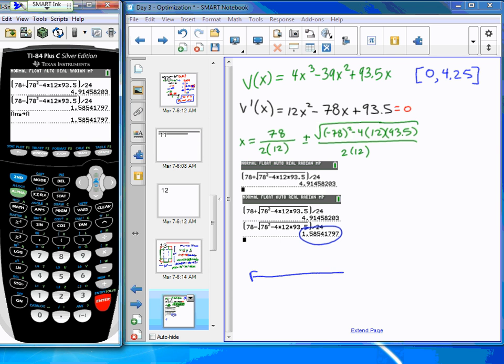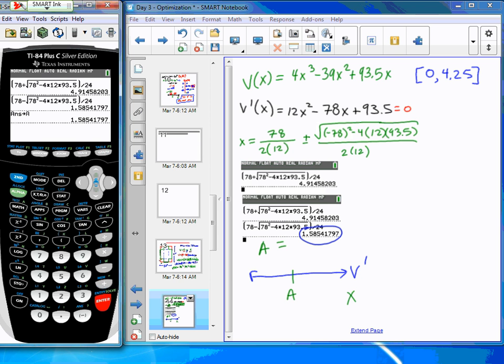All right, you guys, let's go ahead and consider a v prime number line. On my v prime number line, I'm going to go ahead and put my alpha A, and I'm going to perform a sign chart analysis.